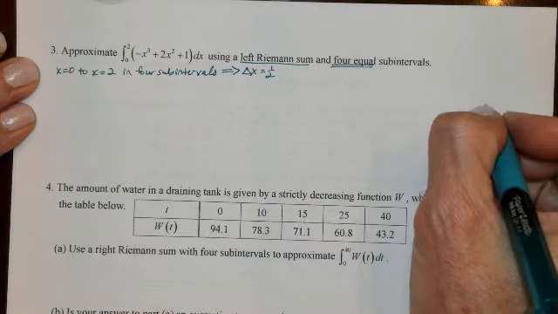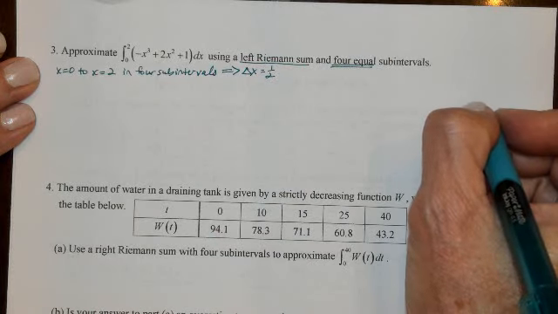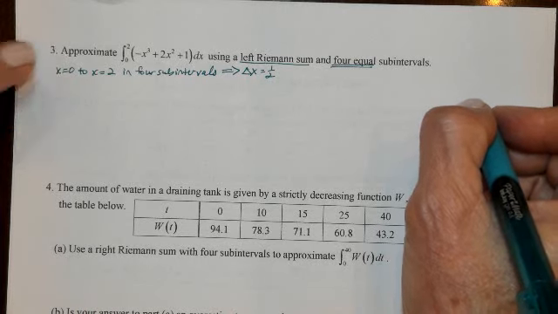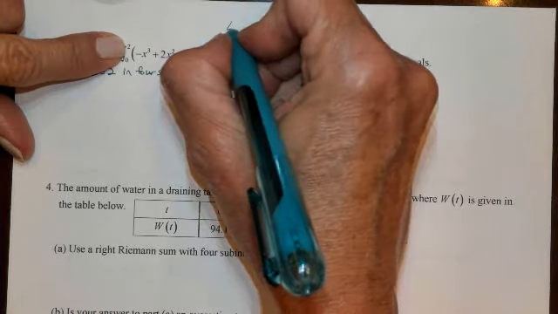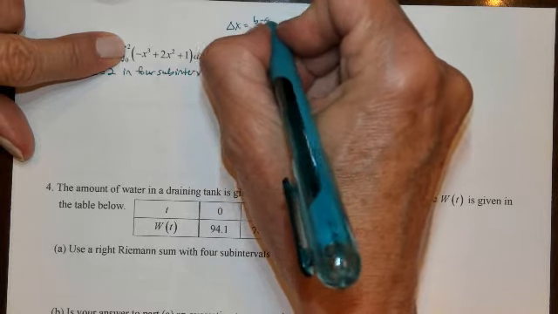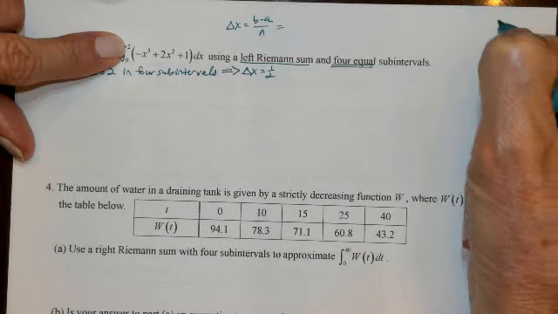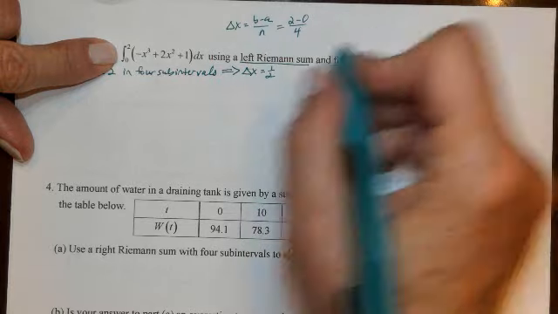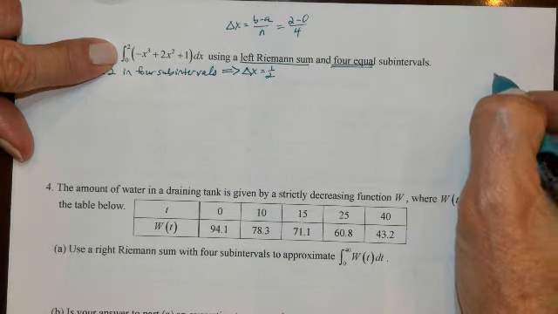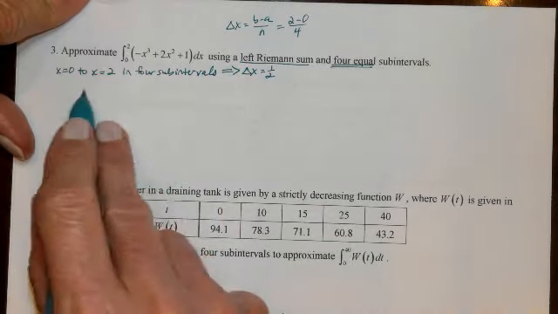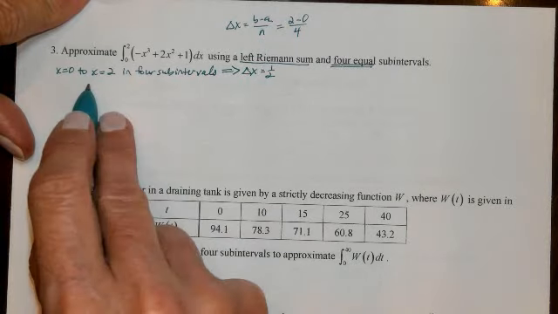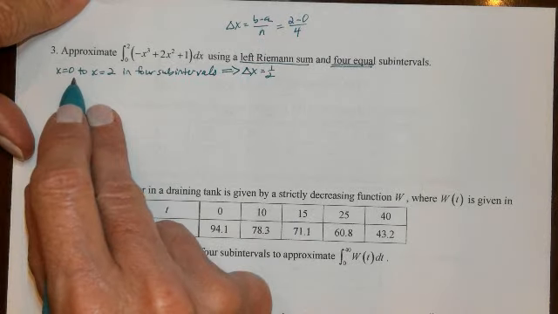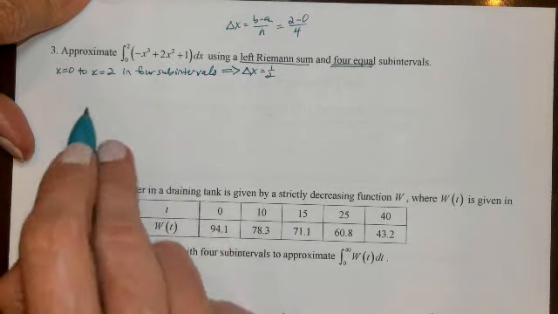If you want to do it the more formula way, I don't advise you to do this the formula way, but if you want to, you could use delta x is equal to b minus a over n, right? So that would be 2 minus 0 over 4, because we're going to have 4 rectangles, and that's a half. But hopefully that's obvious to you that delta x has to be a 1/2 to get from 0 to 2 in 4 subintervals.